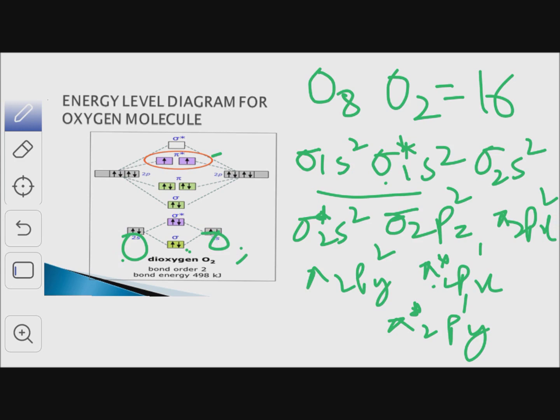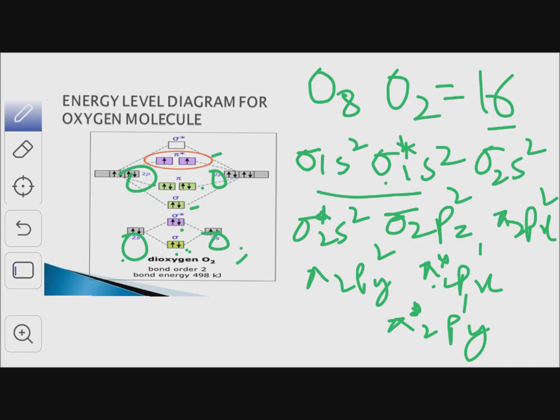We have to fill 16 electrons in the molecular orbitals. First starts from the 1s, then 2s bonding molecular orbital, then sigma star 2s2. This is sigma 2pz2, this is pi 2px2, this is pi 2py2, and these are the two 2p atomic orbitals of oxygen.